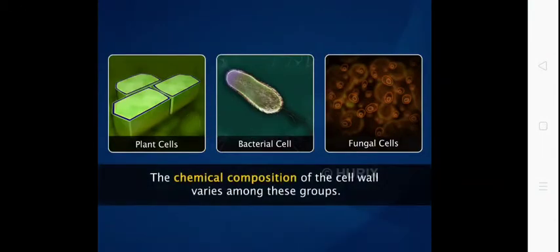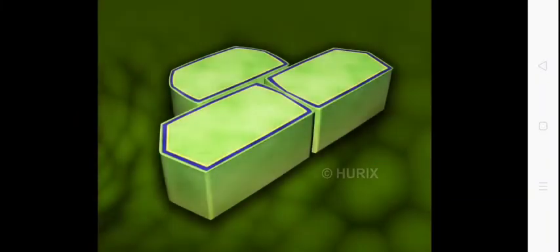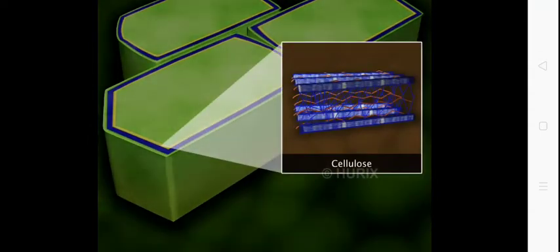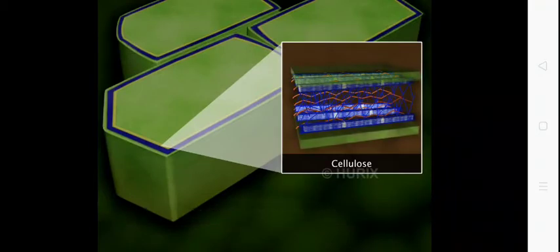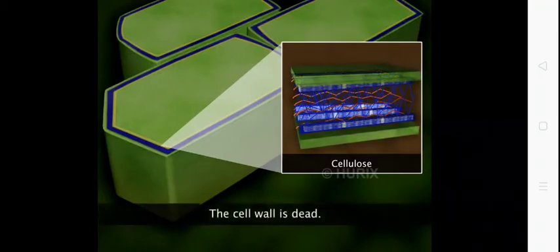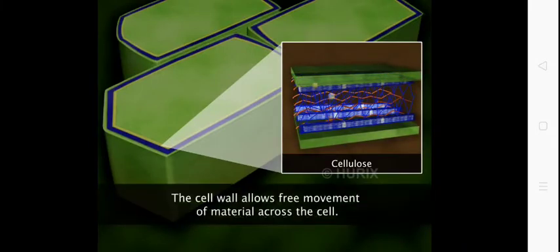The chemical composition of the cell wall varies among these groups. For example, in plant cells, the cell wall is mainly composed of a complex carbohydrate, cellulose. The cell wall is dead and allows free movement of any material across the cell.